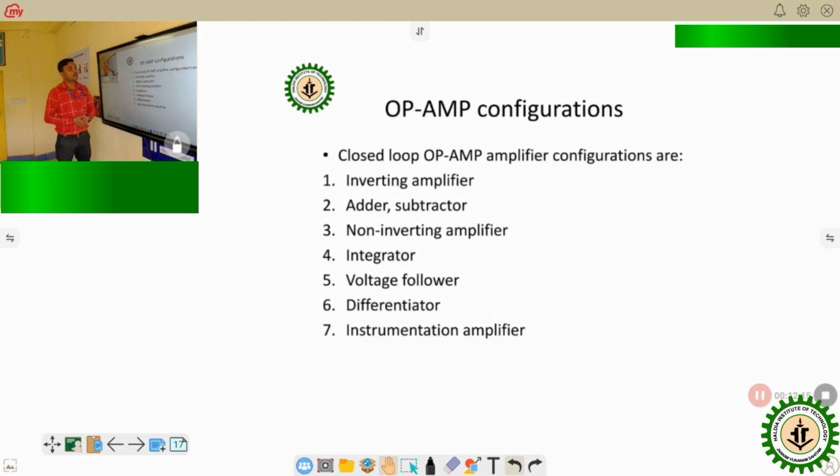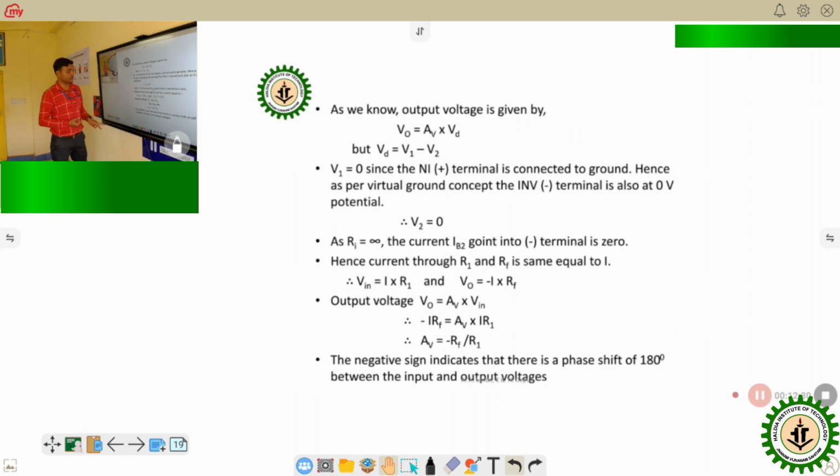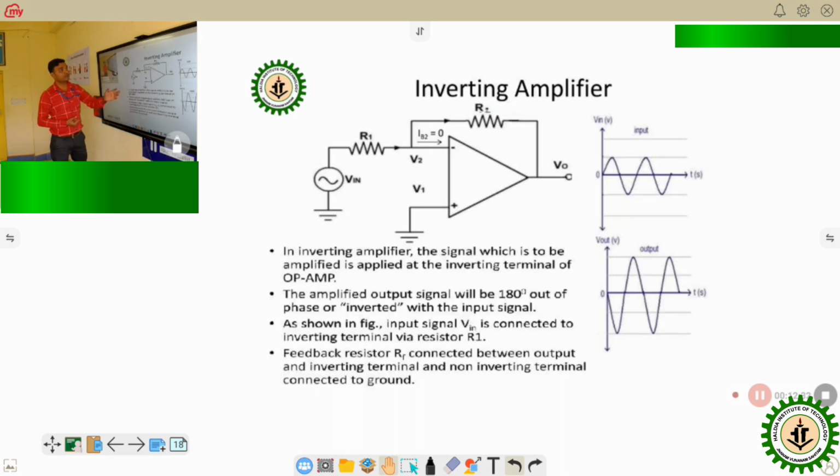So, the op-amp in different configurations can be used as an inverting amplifier, non-inverting amplifier, adder, subtractor, integrator, voltage follower, differentiator, and instrumentation amplifier. Here, for clarification, we just look at the inverting and non-inverting modes.